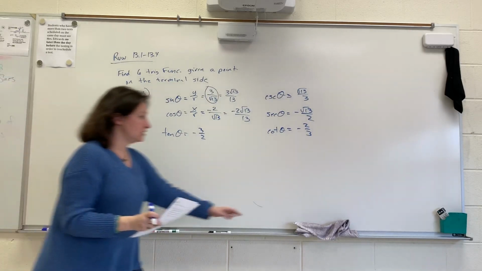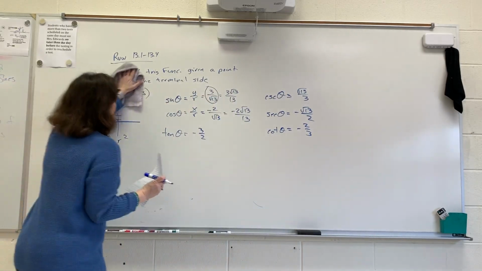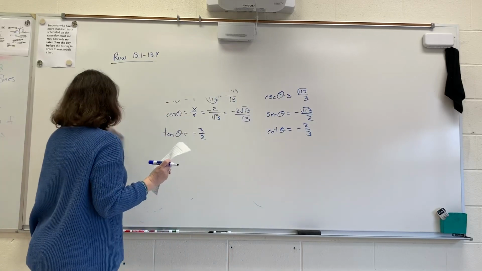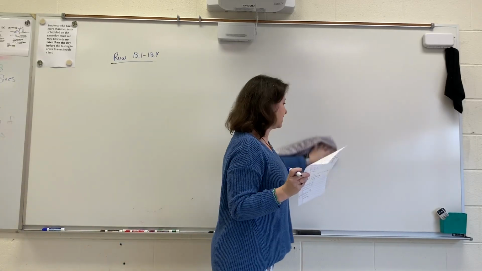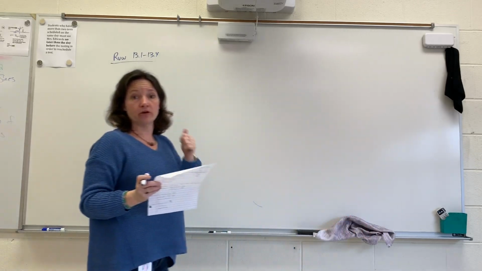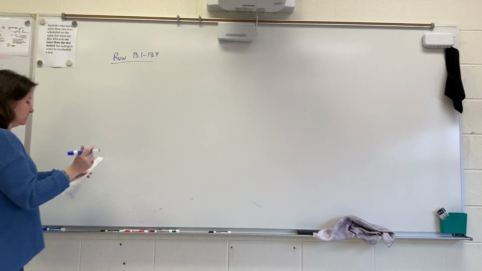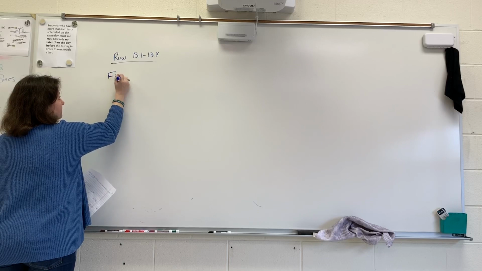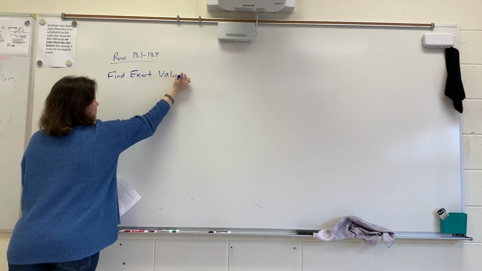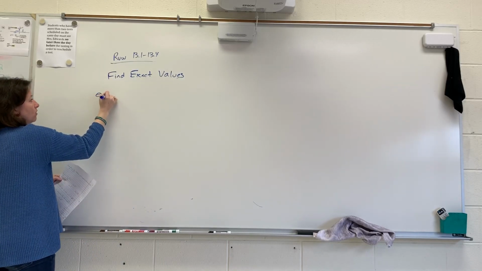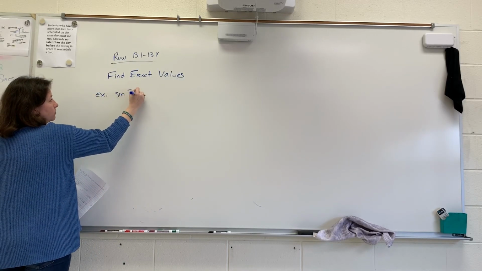Something else you need to know how to do for the quiz is you need to know how to find exact values for any angle around the unit circle that has a reference angle of 30, 45, and 60. So we need to find exact values. Okay, so for example, sine of 300 degrees.